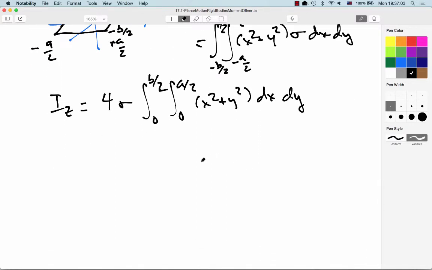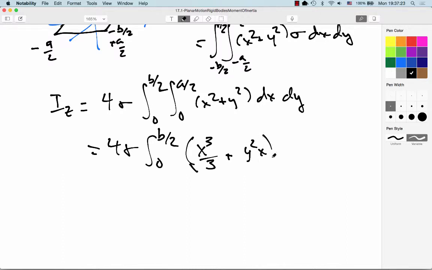Okay, so first we need to evaluate the x integral. So this will become 4 sigma, integral 0 to b over 2, and the x integral is going to become x cubed over 3 plus y squared x, evaluated from 0 to a over 2. And we still have our integral over dy to do.